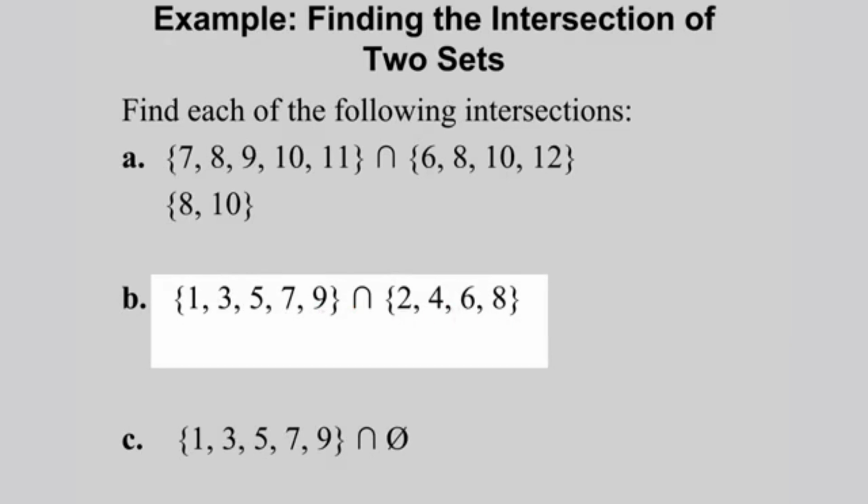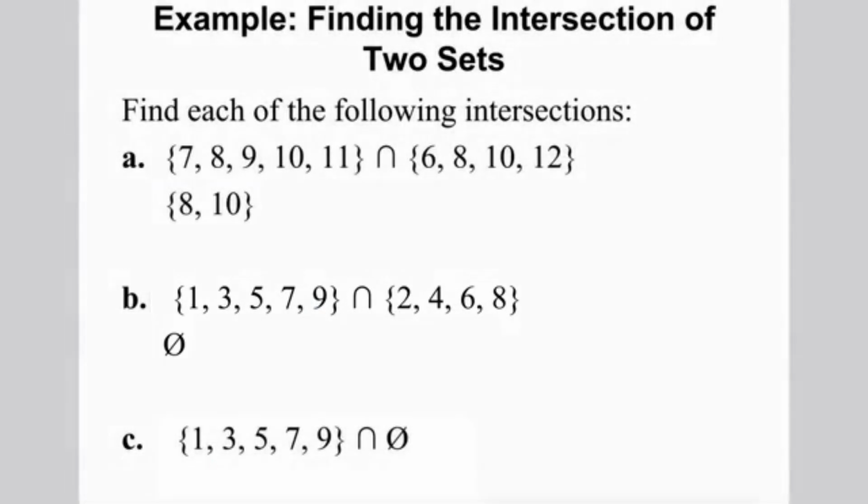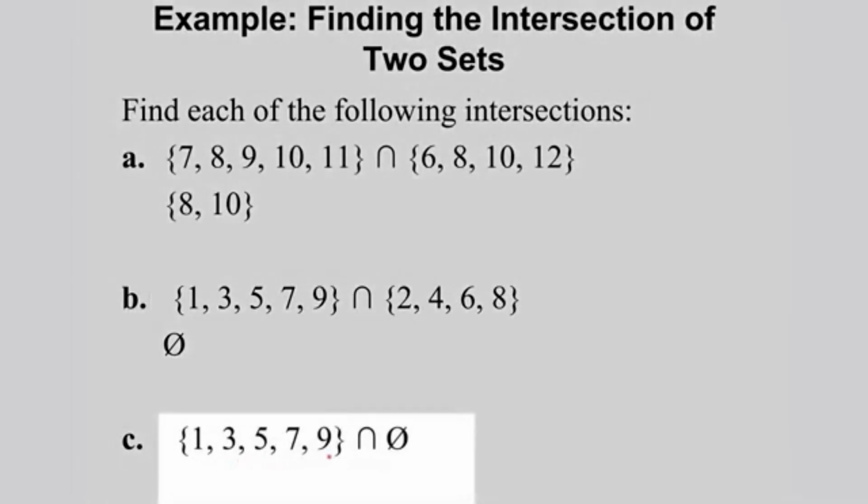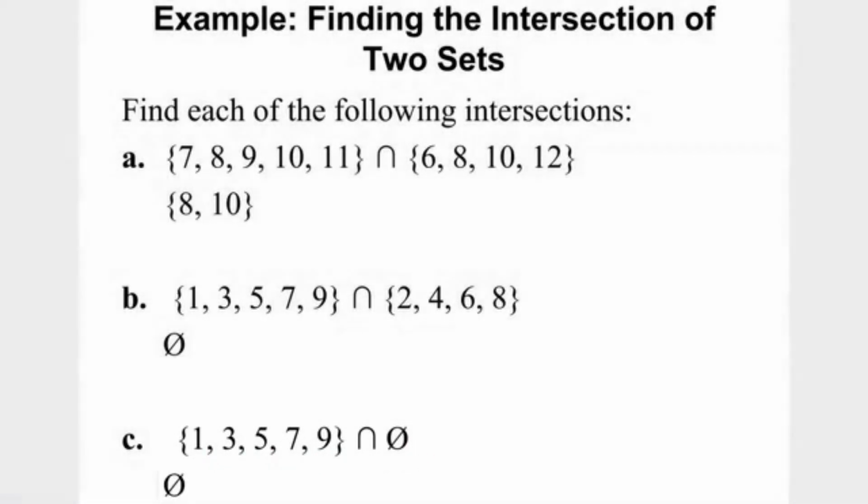So therefore, the intersection of the two sets here is empty. If the two sets have no intersection at all, we've learned that those two sets are called disjoint sets. Now, if we want to get the intersection of this set and the empty set, this one contains nothing. So what's the intersection? It's just the empty set.